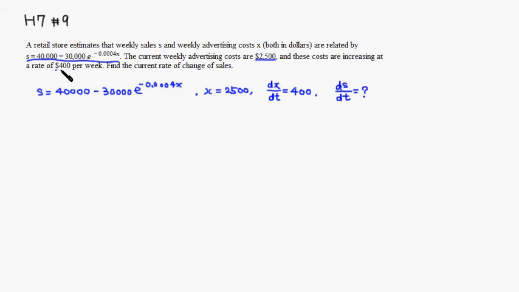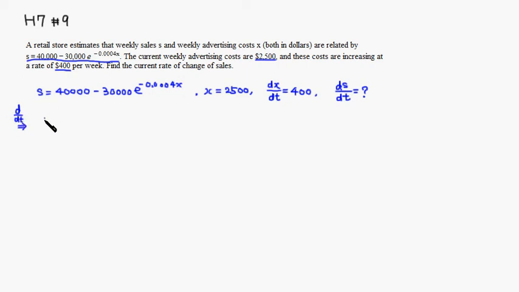So let's do that. Since we're looking for ds over dt, we're going to take the derivative with respect to t. Start with that equation and take the derivative with respect to time.